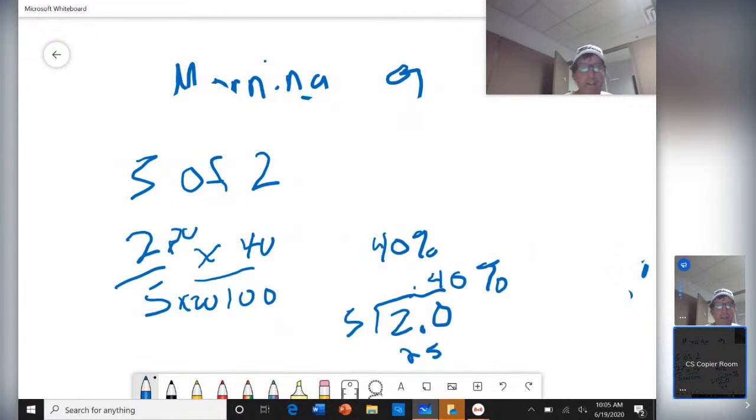And then you're going to multiply the top by that same number, and that got us 40% right there. Or you can divide the denominator, in this case 5, right here, into the numerator 2, which is 5 into 20, to get a percent. Okay, let's try one more.